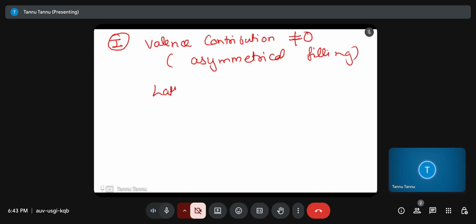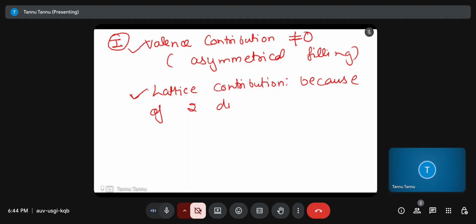Lattice contribution is already there because of two different ligand environments.